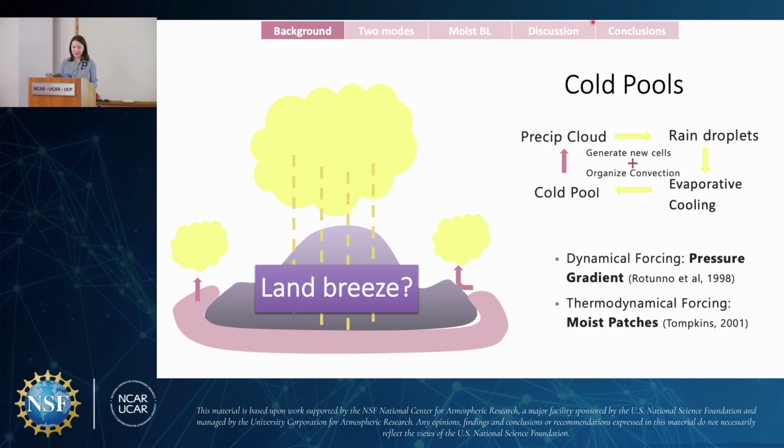Can I study the land breeze in the same way we have studied cold pools before? If yes, what are their similarities and what are their differences? And what makes the tropics special compared to the mid-latitude? Do moist patches play a role in the land breeze as well? I want to raise this question first, and I hope that through the following work on convective offshore propagation, we can obtain some insight into these questions.